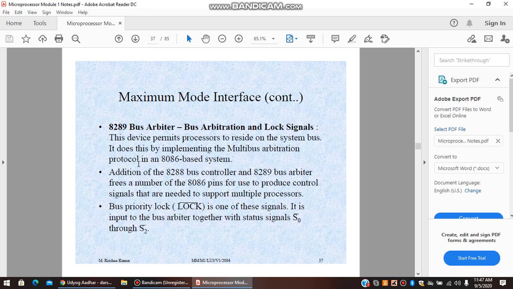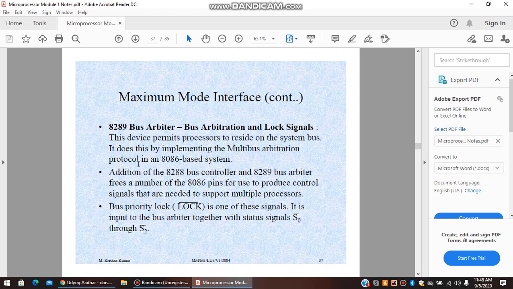Now for 8288, when we studied it, we spoke about how exactly the operations will take place, like IO read, IO write, or memory read, memory write, or how to enable the DEN or DT/R. Here we will talk about which processor will have the control. That is done by the bus arbiter. The first pin, bus priority lock, is one of these control signals.